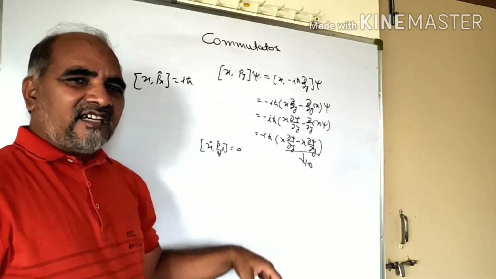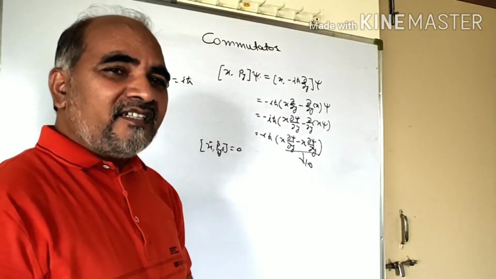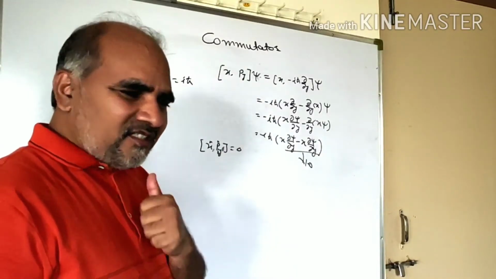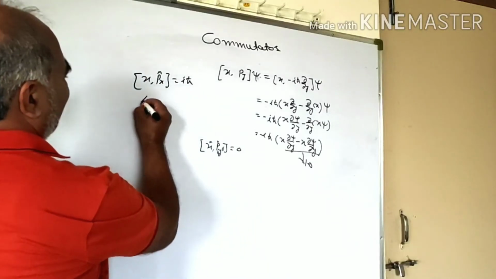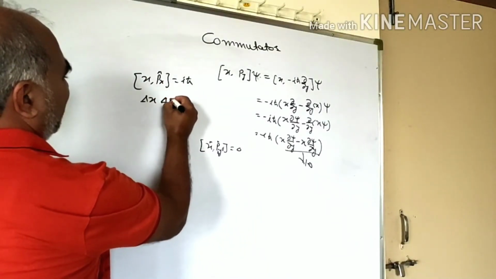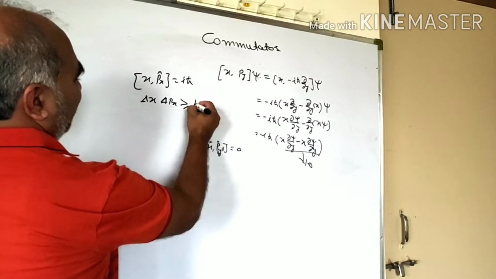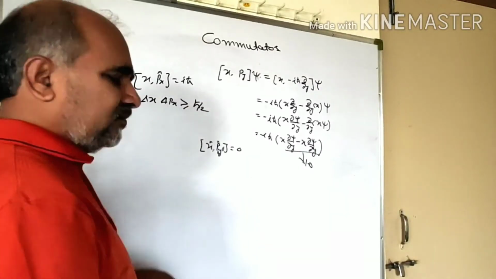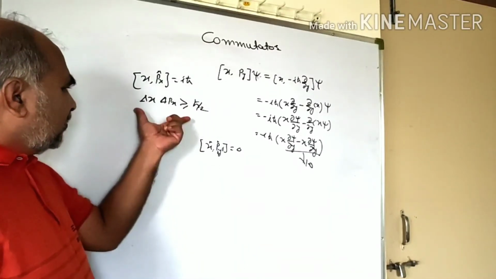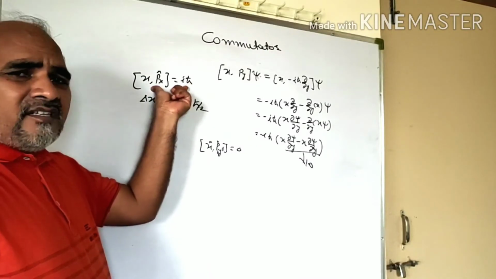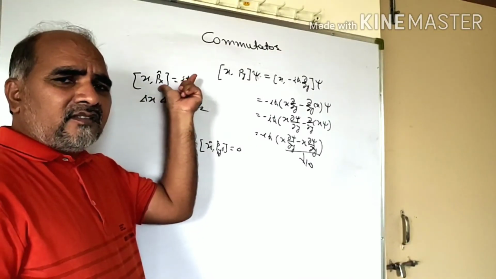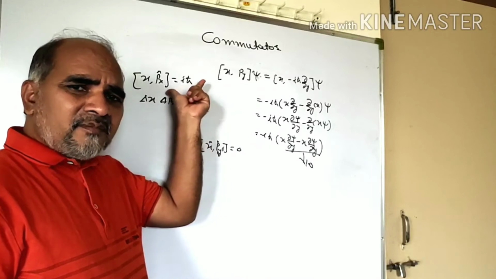This is the alternative way to represent the uncertainty principle. What is that uncertainty principle? That is Δx Δpx is greater than or equal to ℏ/2. So this is the alternative representation of the Heisenberg uncertainty principle.